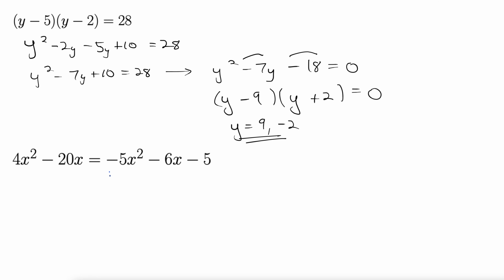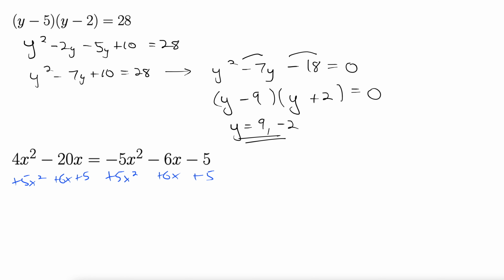I can add 5x squared to both sides, I can add 6x to both sides, and I can add 5 to both sides. By doing that, I get a 0 on the right-hand side. 4x squared plus 5x squared is 9x squared. Negative 20x plus 6x is minus 14x. And then we have a plus 5 equals 0.